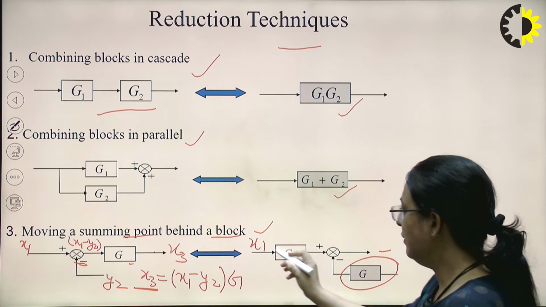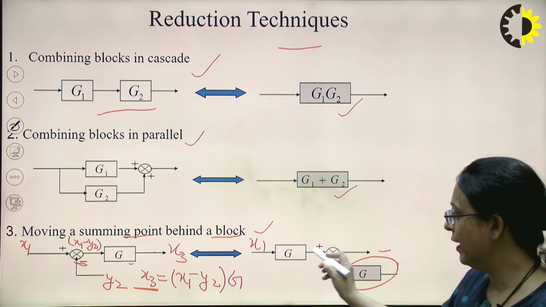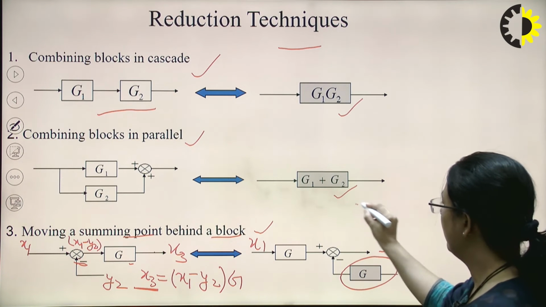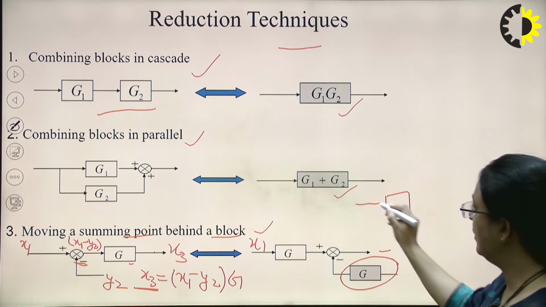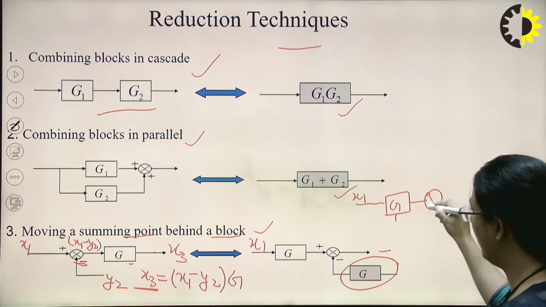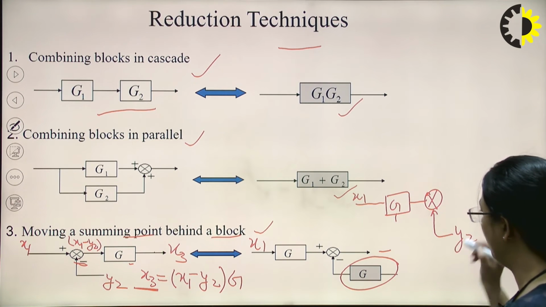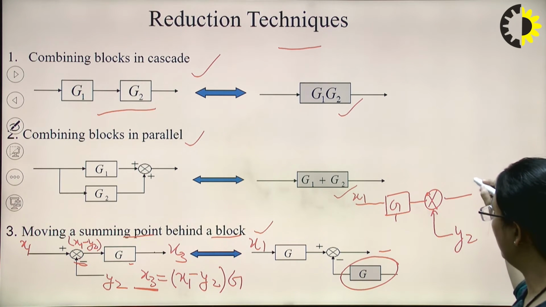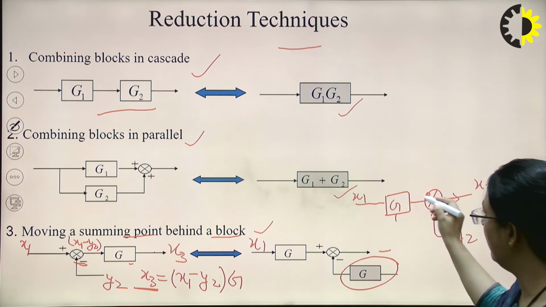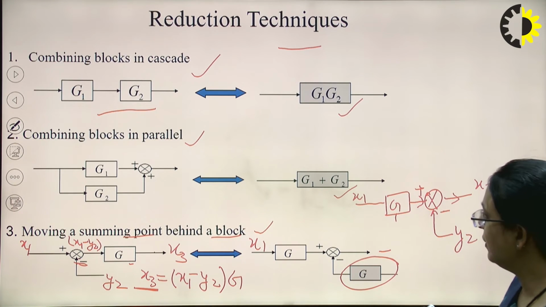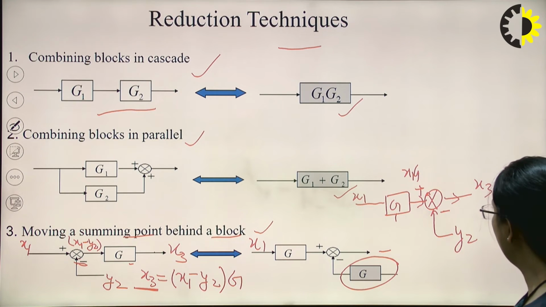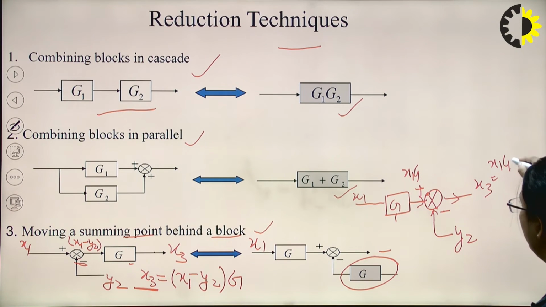When x1 gets multiplied by g and comes to this summing point, let's say I have not introduced the block g here, where y2 has a negative sign and this is positive, we get x1 into g, and y2 coming in. So x3 will be x1 into g plus y2. Sorry, this will be minus y2.